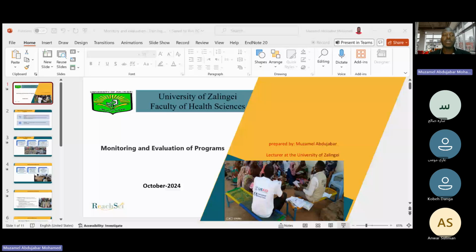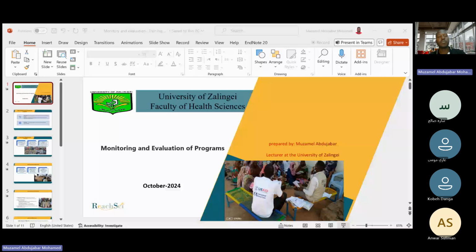The importance of monitoring and evaluation. Let us see the importance of monitoring and evaluation. Number one is tracking progress.